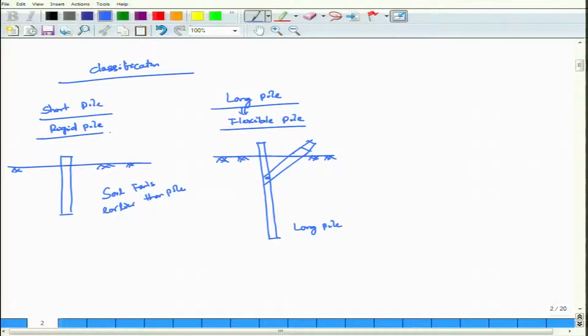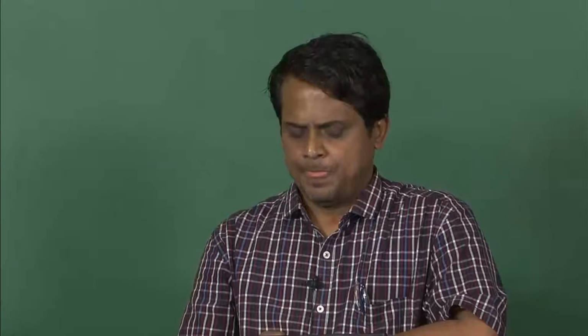Also another classification Poulos has given: piles are generally provided in a dimensionless form, L by D, where L is the embedded length and D is the diameter. L by D less than or equal to 10 is sometimes called short or rigid.